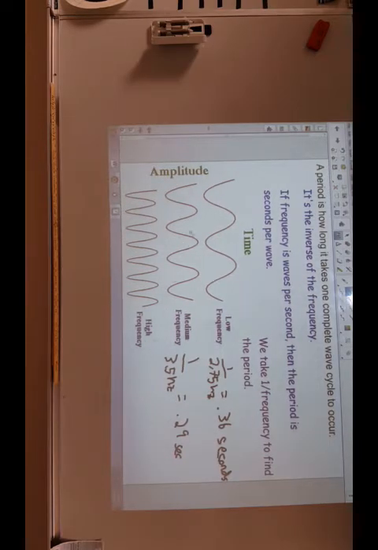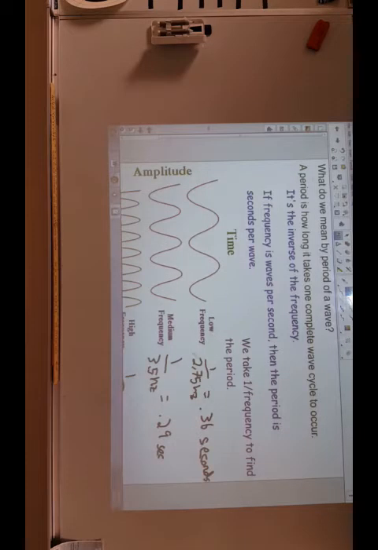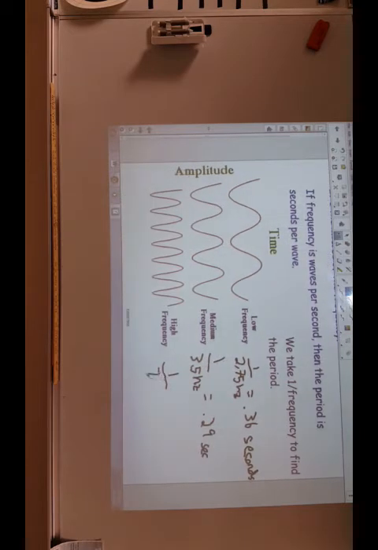Again, you guys could take a little break and try to figure out the period for this one. I'd suggest pause the video and try to figure it out. I'm just going to set it up. You're going to take 1 divided by the frequency, which in this case is 7.25 hertz.